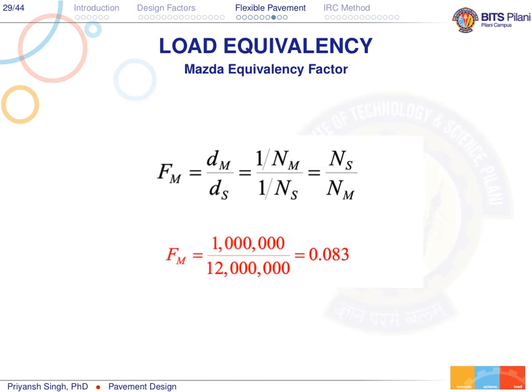Now let's estimate the load equivalency for your Mazda. So the load equivalency factor Fm, let's assume, will be equal to the damage caused by the Mazda on each pass upon the damage caused by the standard vehicle in each class.